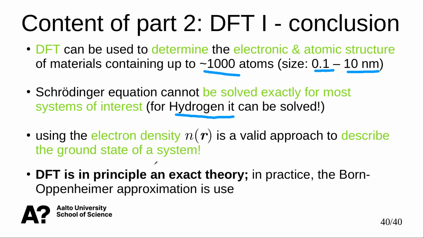And last but not least, I can't point it out as often as possible: DFT is in principle an exact theory. We didn't take any assumptions, right? I mean, we used the Born-Oppenheimer approximation for practical use, but we don't make any assumption in formulating DFT.